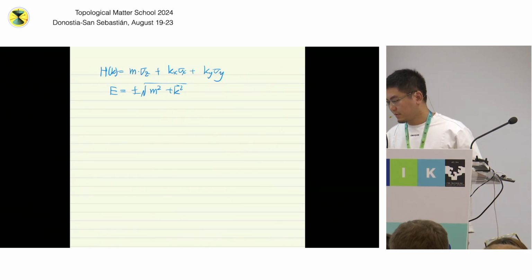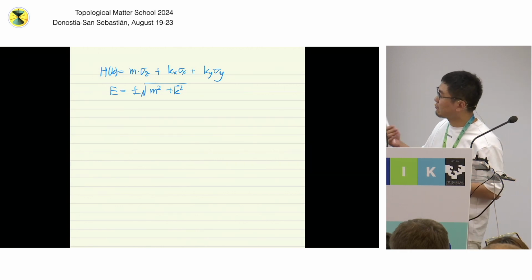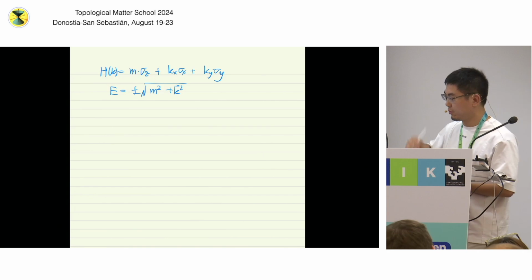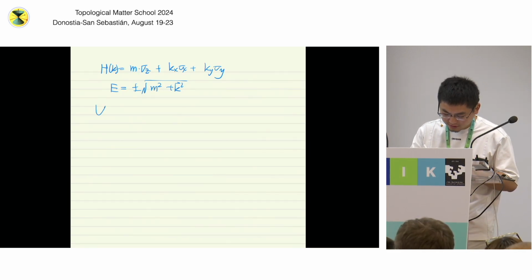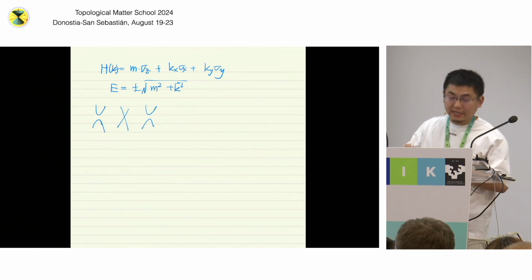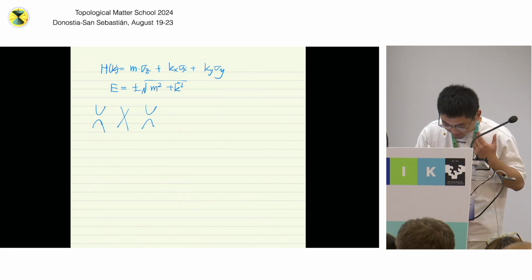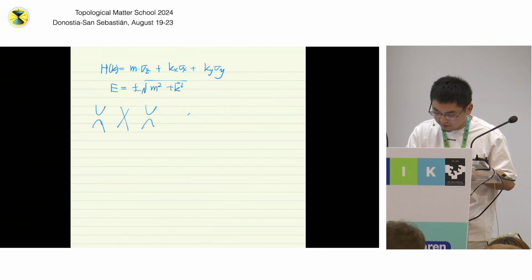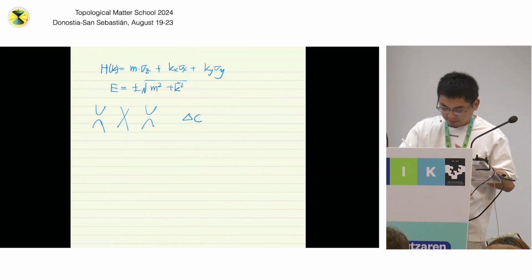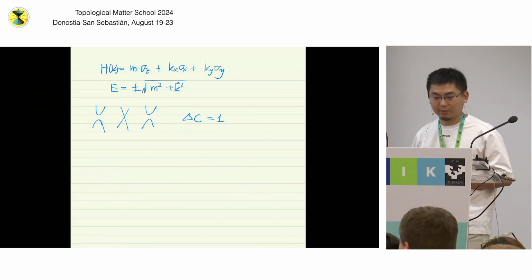I don't have time to go into detail to prove why this is a Chern insulator, but the simple idea is that when we close the band gap of a Dirac equation, we can calculate the Berry curvature around this gap closing point, and we can prove that the change of the Chern number before and after we close the gap is 1 for this Dirac Hamiltonian.